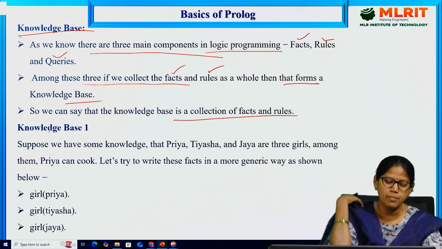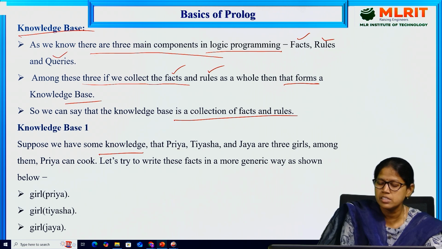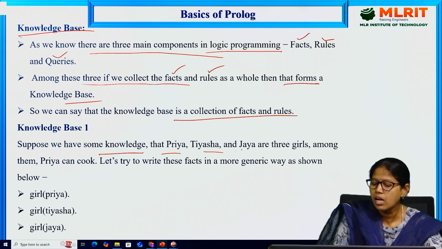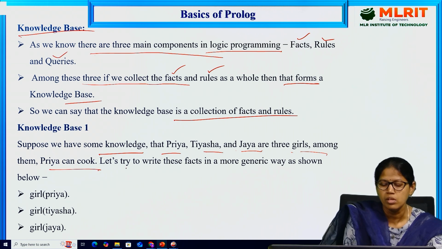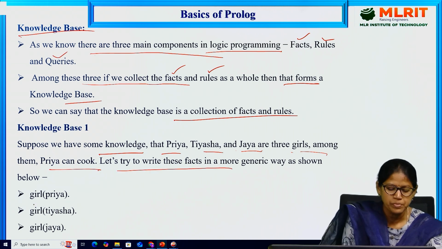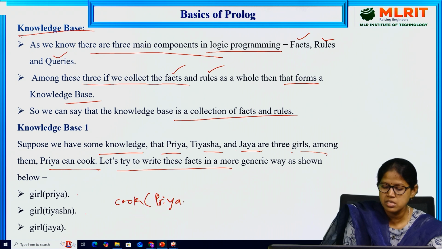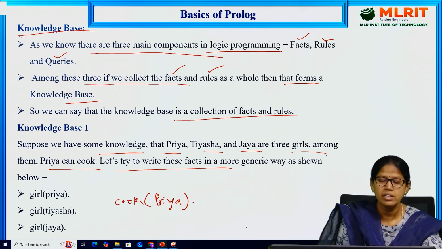Let's see one example. Suppose we have some knowledge that Priya, Tiyasha and Jaya are three girls. Among them, Priya can cook. Let's try to write these facts. Girl Priya, girl Tiyasha, girl Jaya, cook Priya. Like this, we have to write into the database.